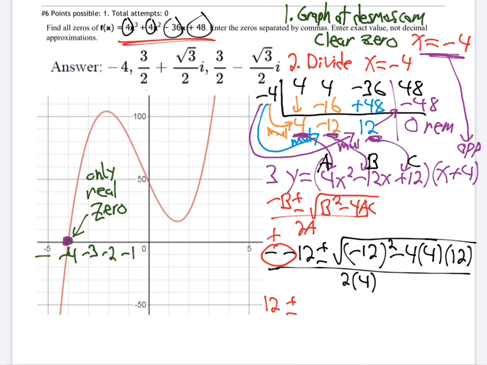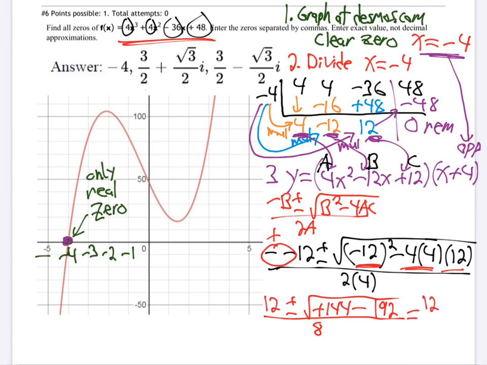Positive. Negative 12 squared is plus 144 minus 4 times 4 times 12. Use your calculator. I'm going to use my calculator. 192. All over 2 times 4, 8.